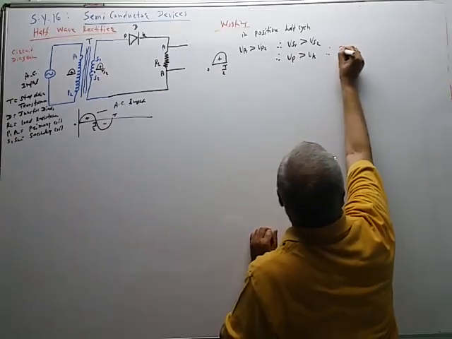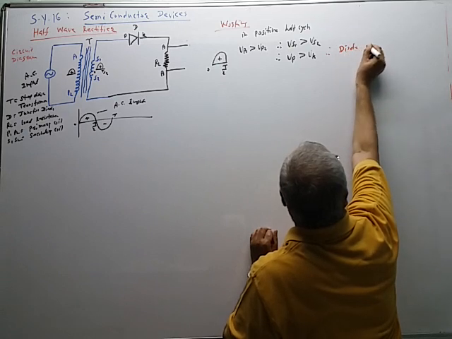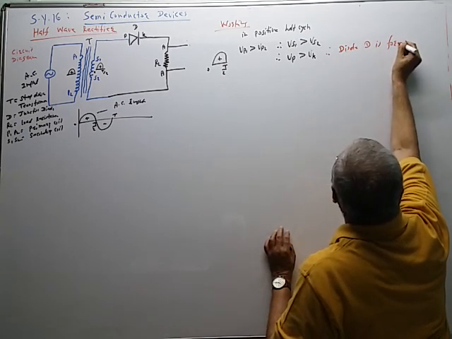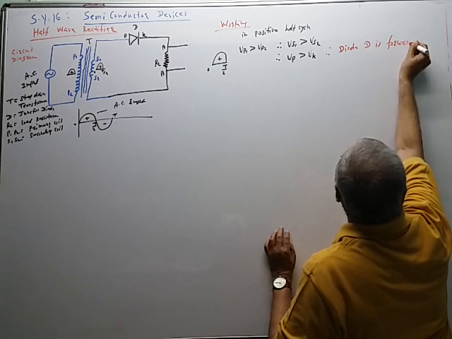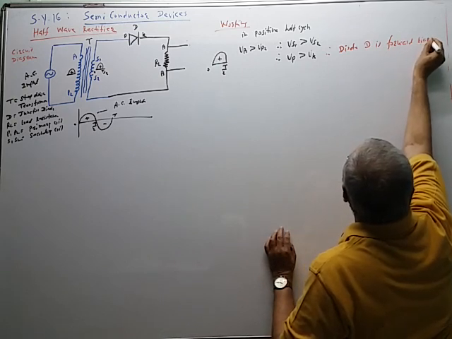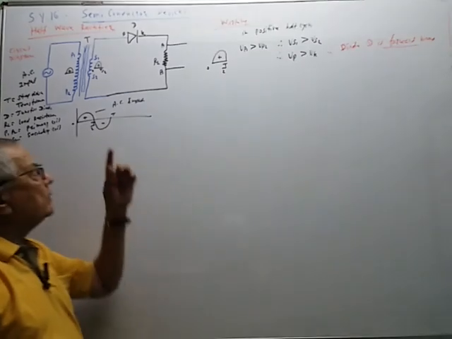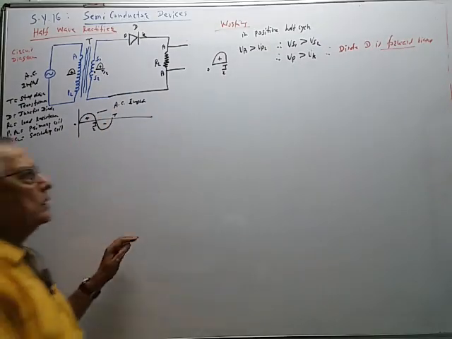Therefore, diode D is forward biased. The junction diode is in forward bias in the positive half cycle.